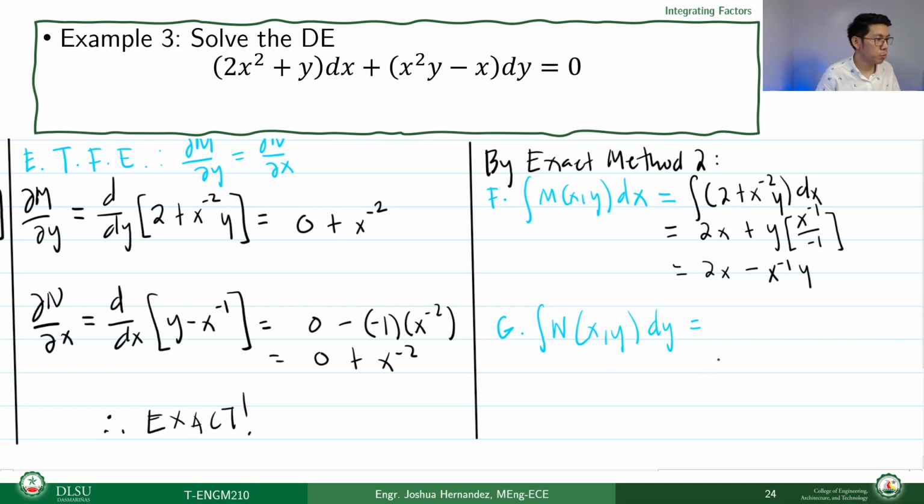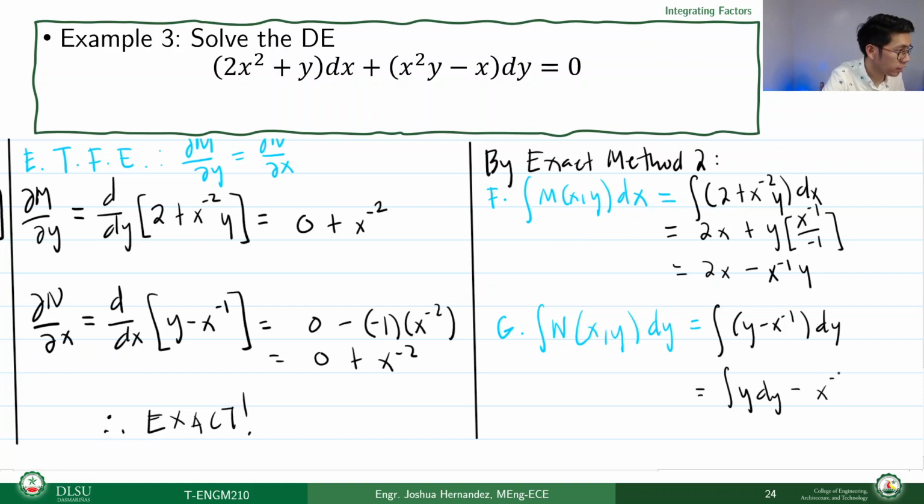How about our n part? We're going to have the integral of y minus x raised to negative 1 dy. So this will become the integral of y dy minus x raised to negative 1 integral of dy.